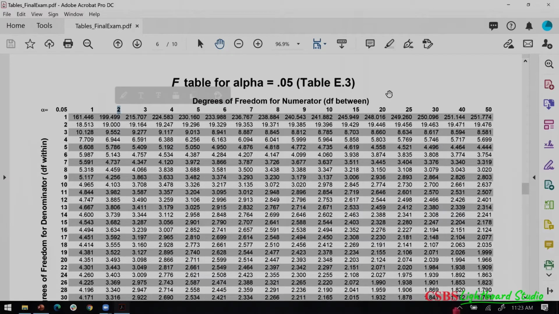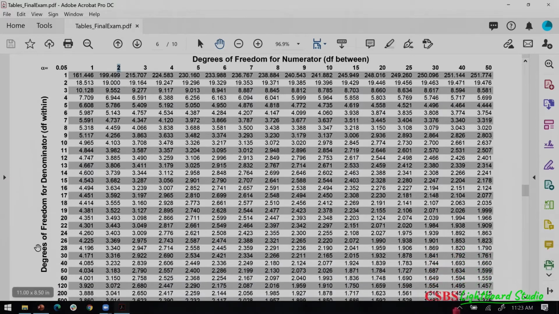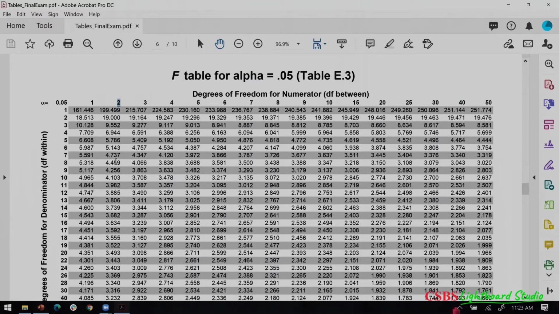Along the side are degrees of freedom for the denominator, the degrees of freedom within. So within groups is going to be the total number of subjects, which is capital N, minus the number of groups. So I have 15 babies minus 3 groups is 12.